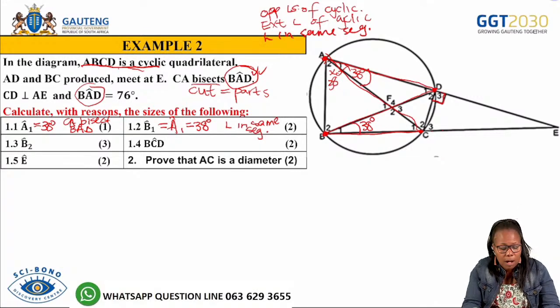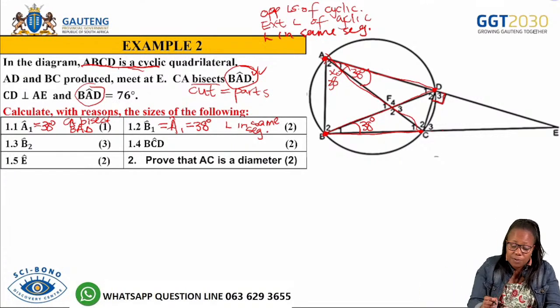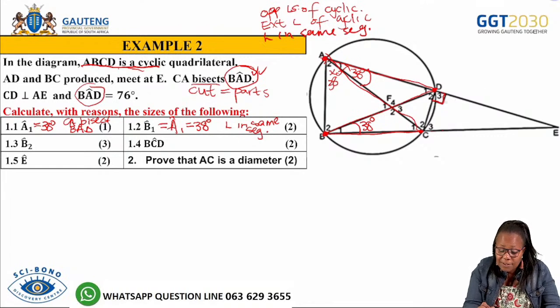Continue, grade 12. 1.3, we are now looking at B2. Look at B2, grade 12. Can we relate B2 to any angle? If you look at B2 now, it has a relationship with that exterior angle. We have cyclic quad ABCD. Can you see that? And then we have an angle that is exterior. One side AD is extended to E there, and it is creating this 90 degrees angle D3 there.